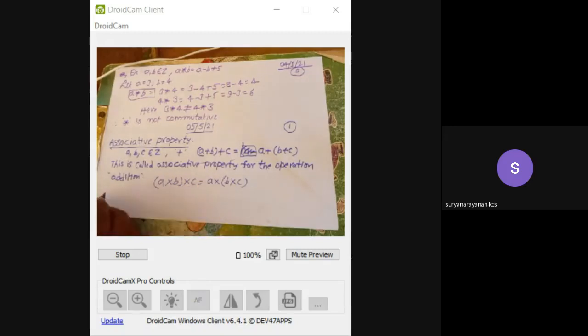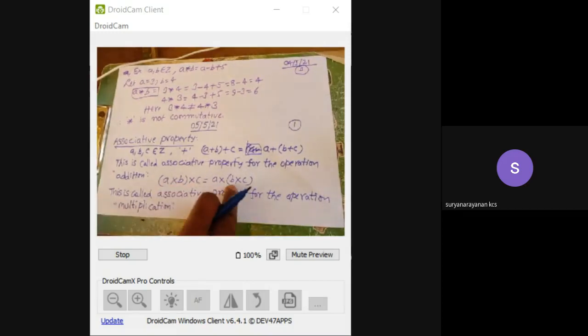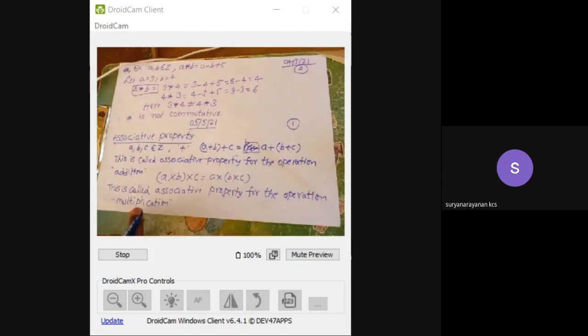So this is also called associative property for the operation multiplication. Okay, my dear children.